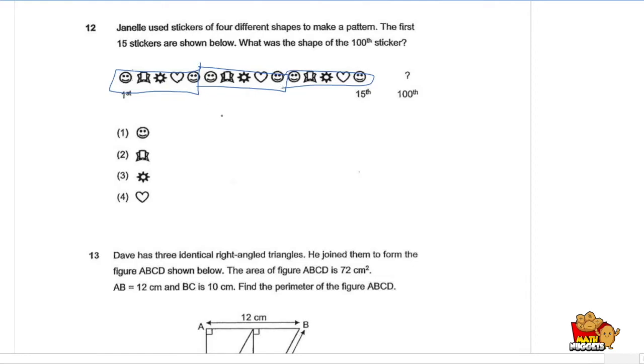We want to find the 100th sticker. There are 5 in the set, so this is divisible. There is no remainder. So for 100 stickers there would be 20 sets of this. So the 100th one will be the last one. The last one will be the smiley face.